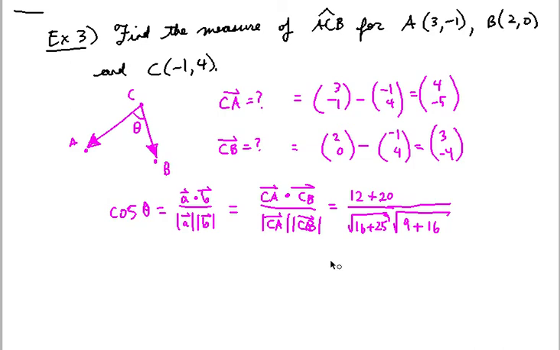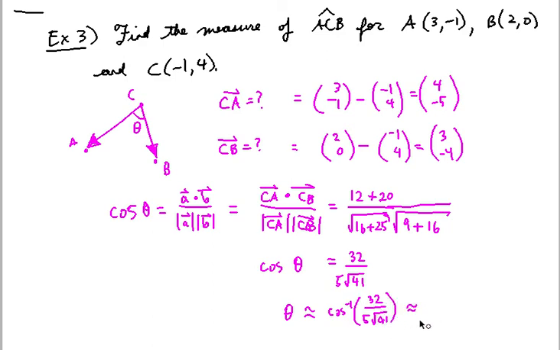Okay, and if I simplify this whole thing, it becomes 32 over 5 square root of 41, and this is all equal to cosine of theta, right? So this is still all equal to cosine of theta, and now I use my calculator, because theta is going to be the inverse cosine of this. Okay? So I'd have to use my calculator here.